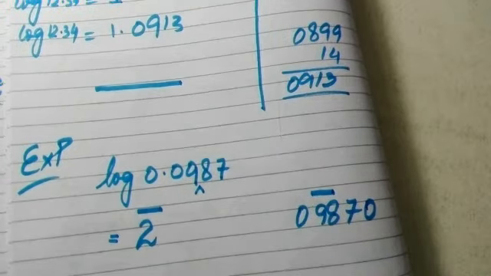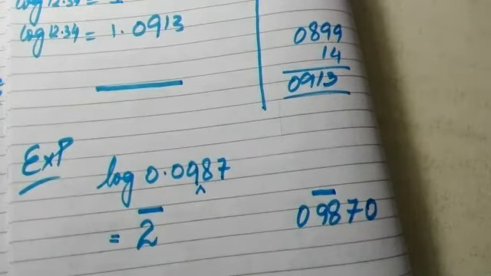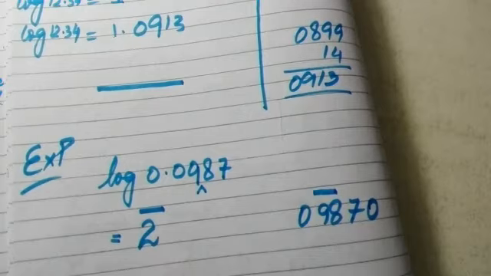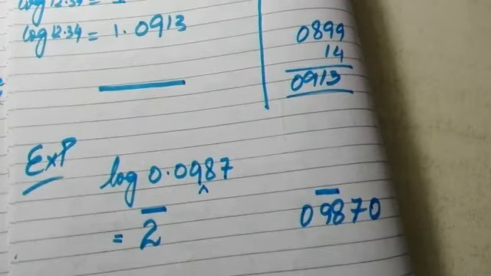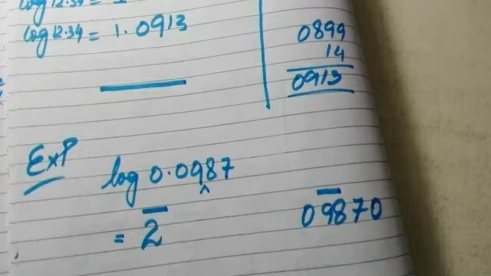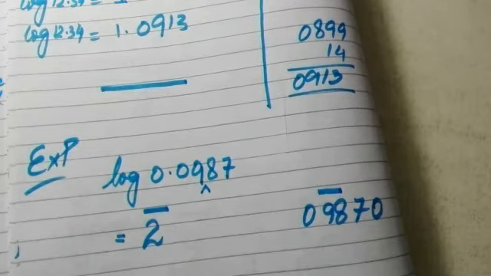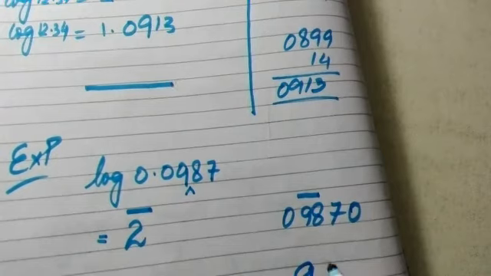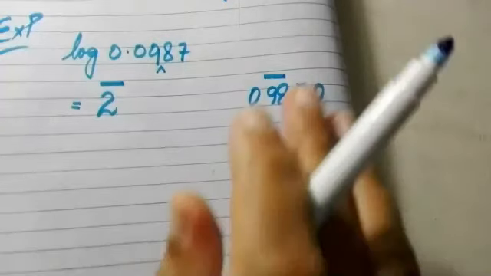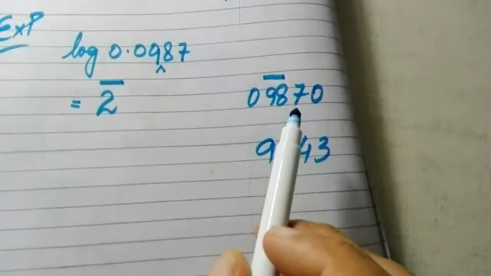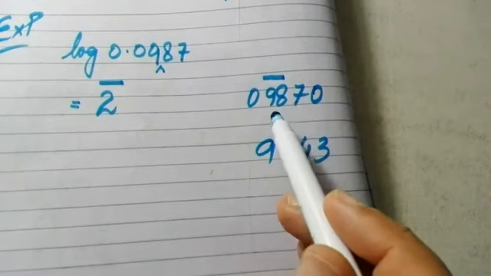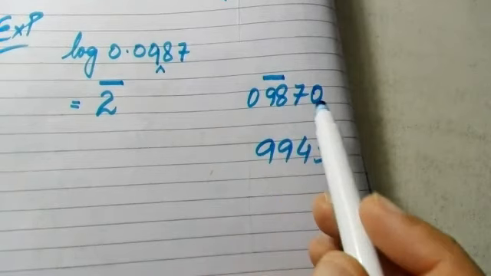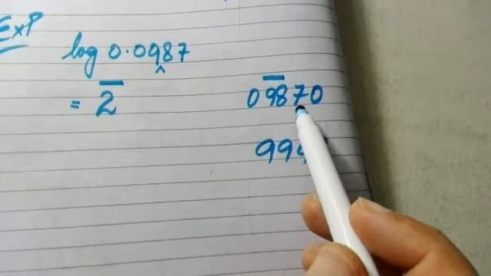So if I observe 98 in the logarithm table, I will get a value in column number 7, written as 9943. In the main column of the logarithm, 98, and in column number 7 in front of 98, it is written 9943.